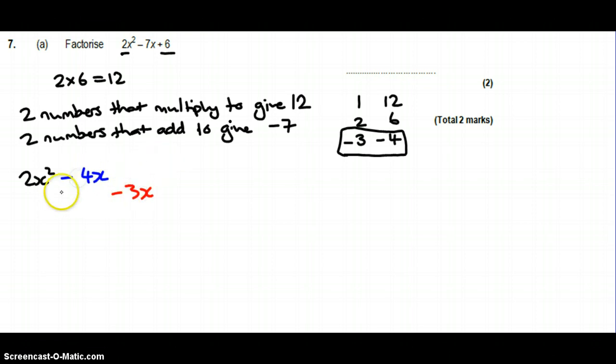So that's why I'm going to pair up the 2x squared and the minus 4x, and that means that for our final term, the 6 on the end pairs up quite nicely with the minus 3x because they've both got a factor of 3.